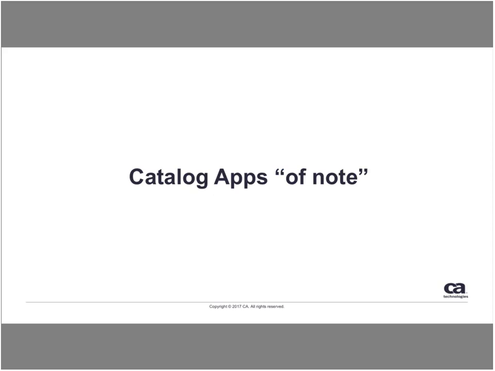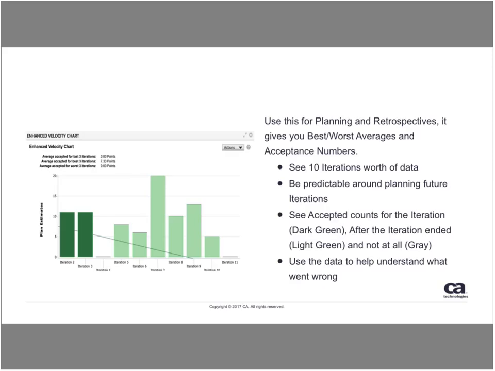I wanted just to bring attention to some catalog apps of note, something that's worthy of further investigation on your part. So if you go into the app catalog, one of those apps is the Enhanced Velocity Chart.